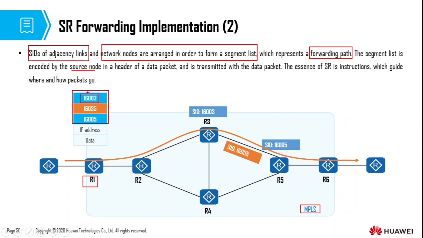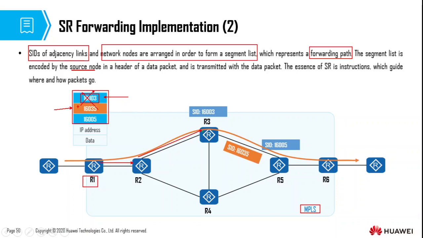R1 will include this segment list on this packet and send it to R2. Now R2 will receive it. R2 will see that on the top of the segment list we have 16003, and therefore in its database it will know that it's supposed to send it to this next hop because this node has the SID 1603. Therefore, before sending it to this next hop, it's going to remove this particular node.